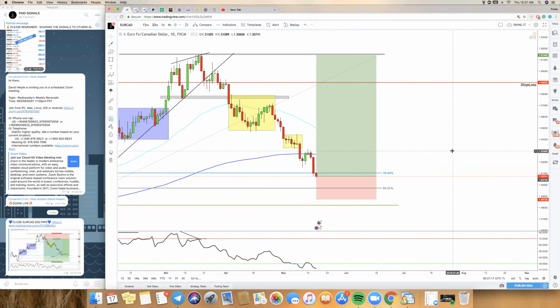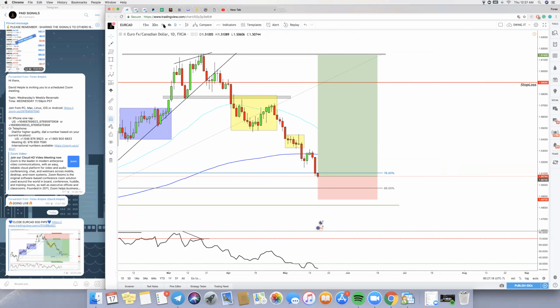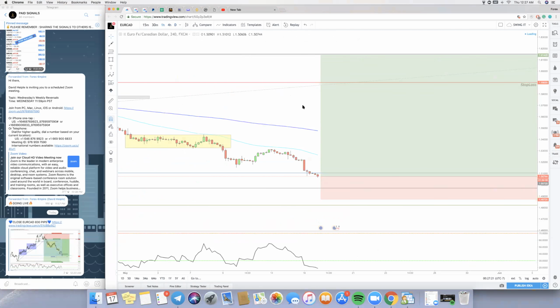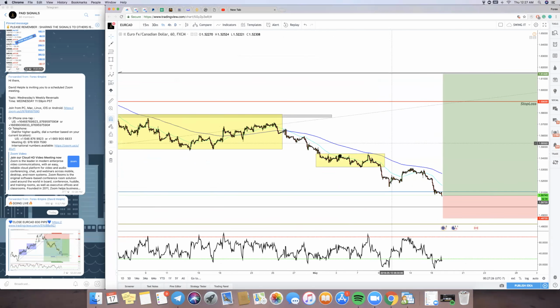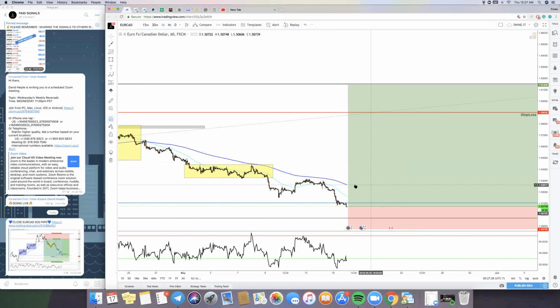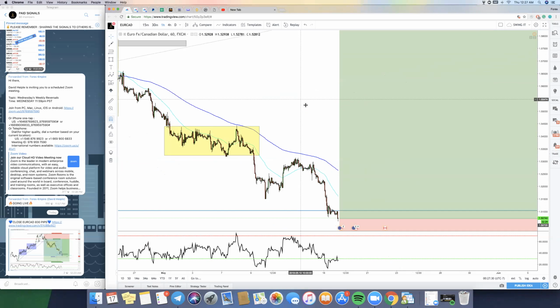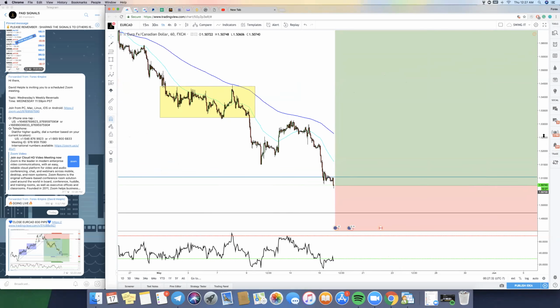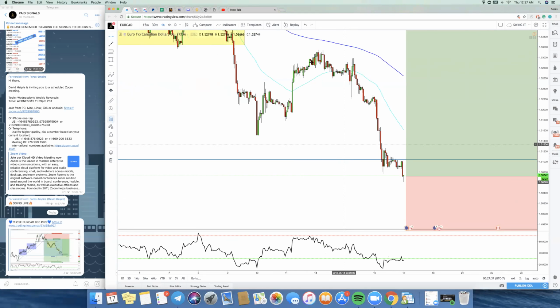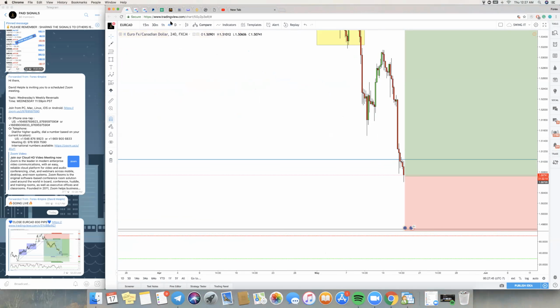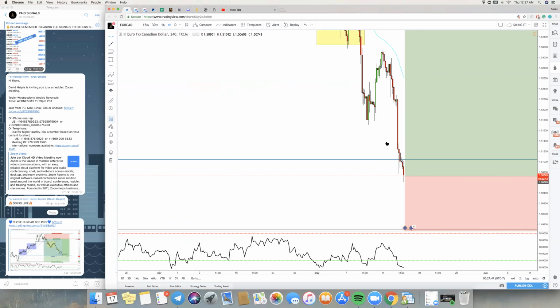All right, since it's a Euro CAD, nice M, level 1, level 2, nice W formation right about there. There's a nice divergence right there. So I think Euro CAD is our trade. It's rejecting.